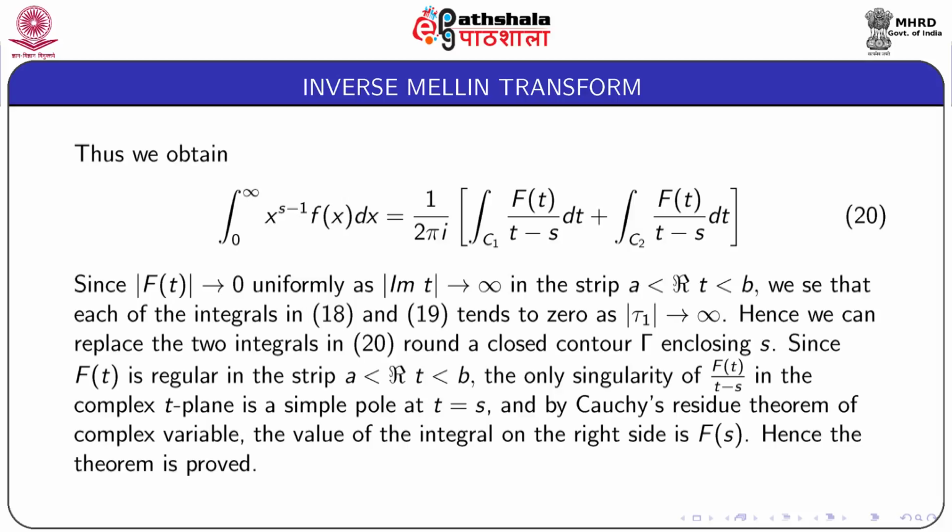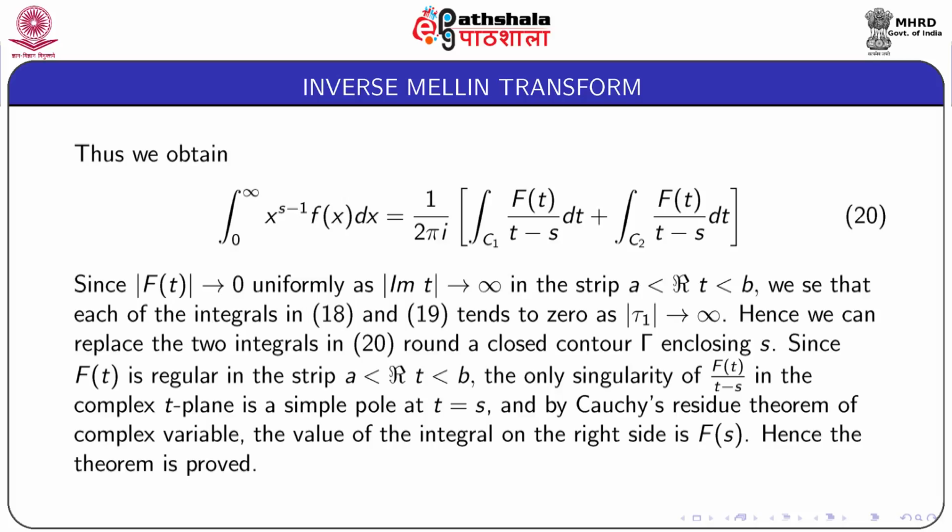Mod tau 1 is the imaginary part of t. Hence, we can replace the two integrals in 20 by an integral round a closed contour gamma enclosing s, that is this closed contour.